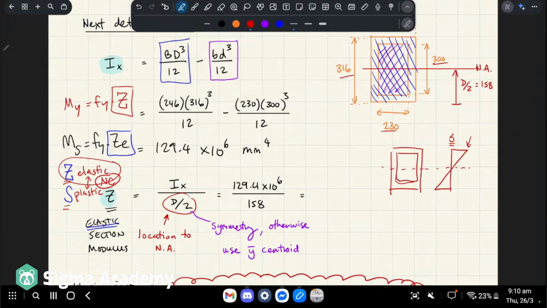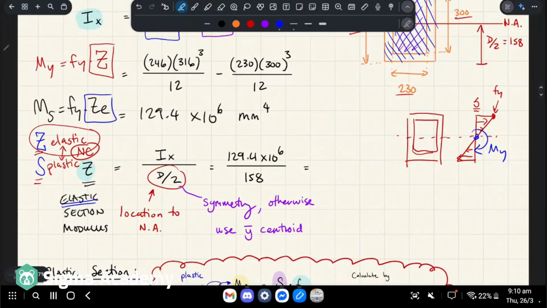Basically, this value here is Fy, okay? And the overall first yield moment is going to be the sum of the moments due to these forces causing the spin, right? But that's a pain to do. So you can do a formula instead, which is Fy times Z. Okay, so what is Z?